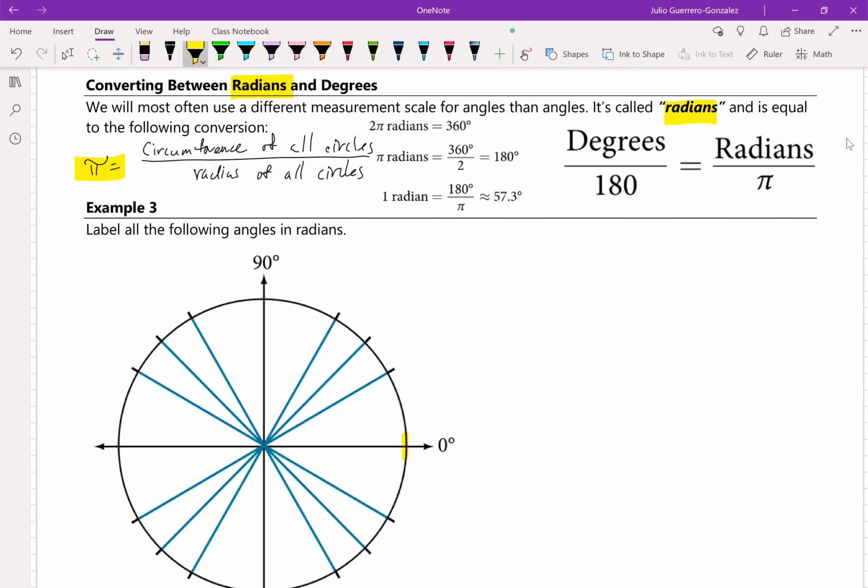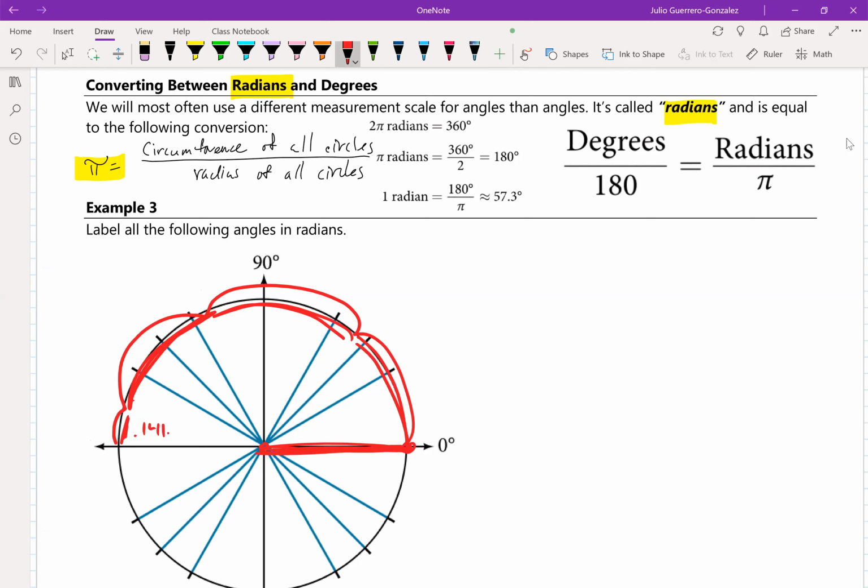So if you grab this radius right here and stick that around 1, 2, 3 times and a little bit, this is your 0.14159. So pi is essentially the number of times you can grab a radius and stick it around a circumference.